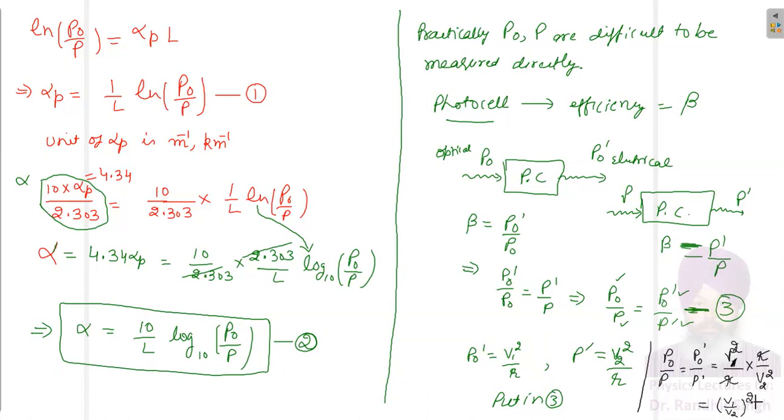So this answer we can put in the equation number 2. Let us write therefore the formula for alpha. Alpha will be 10 upon L log to the base 10 of V1 upon V2 whole square.